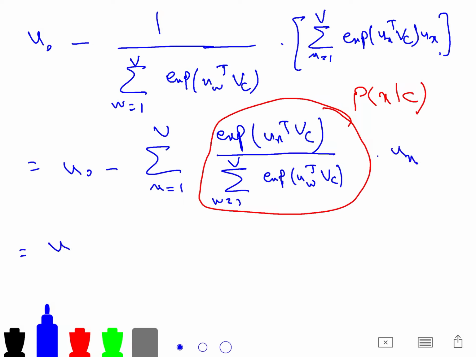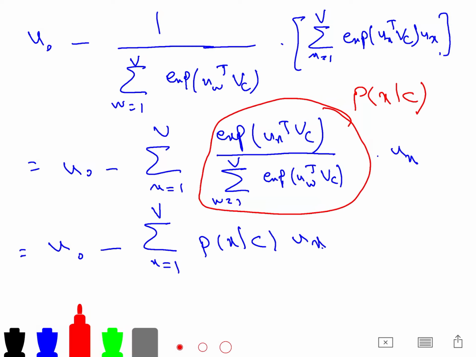So this is simplified to U output, the observed one, minus the sum over X from 1 to V. So this is like an expectation vector, because the probability times that thing becomes the expectation. This is the center, this is the context word. So we use stochastic gradient descent because the corpus is big.